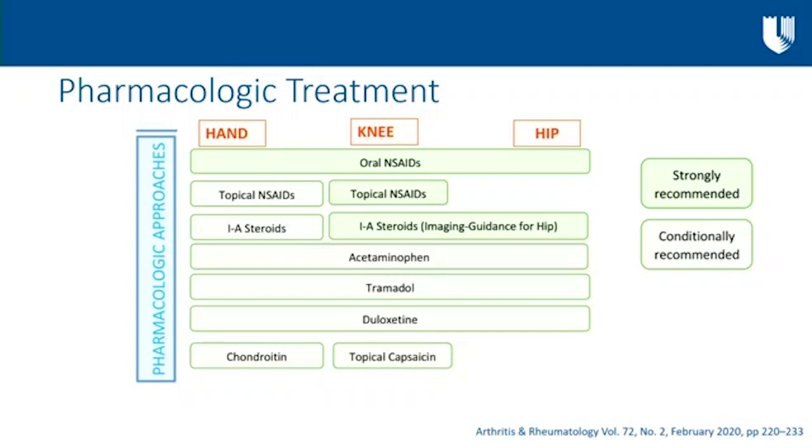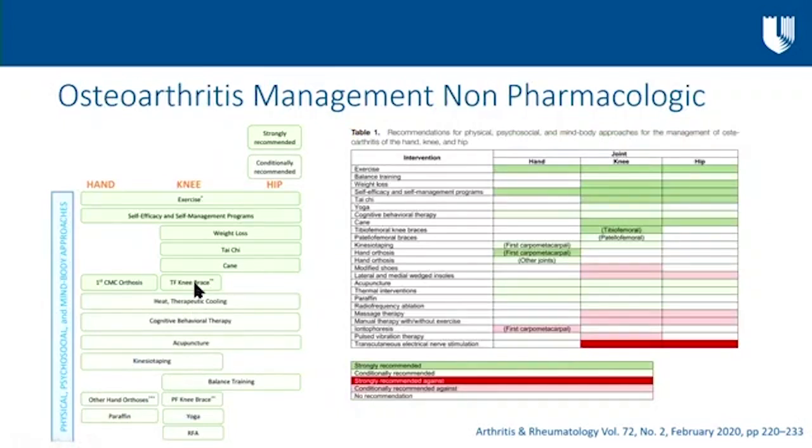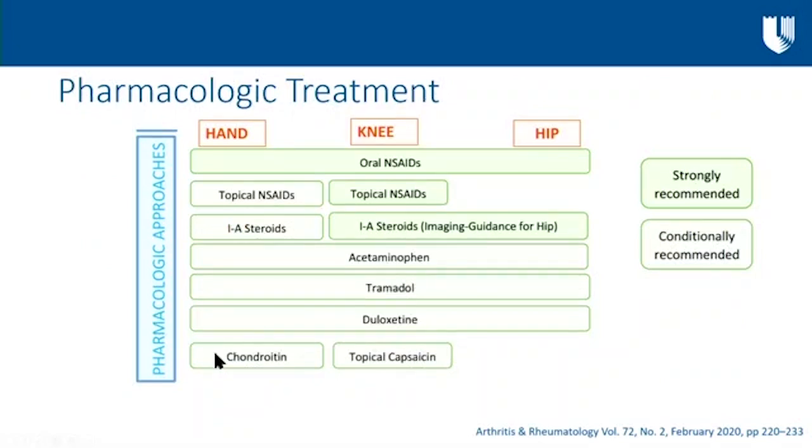So again, in our non-pharmacologic management, at some point we do get to joint replacement, right? But after we've done all the things, any pharmacotherapy, any drug therapy that you don't see on there that you maybe would think patients would be opting for?